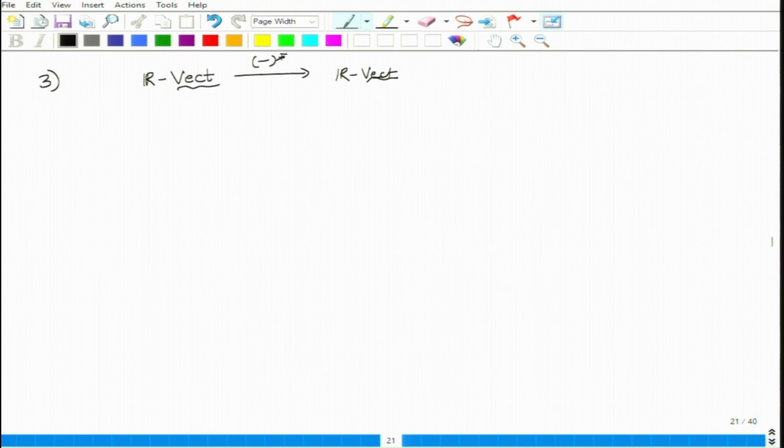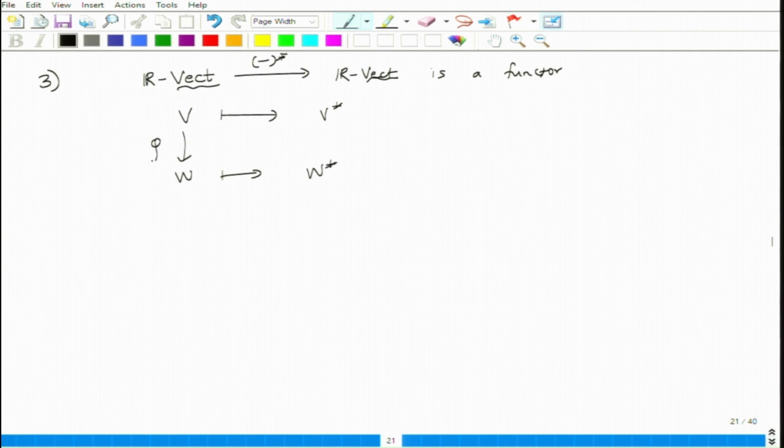This is a functor. Is it a covariant or contravariant functor? If I am given a morphism, V will map to V star, then W will map to W star. It's a covariant functor.